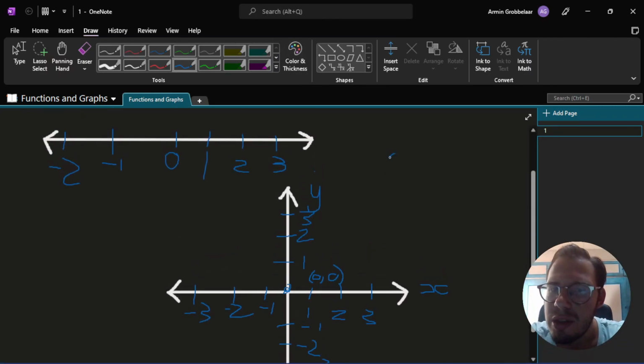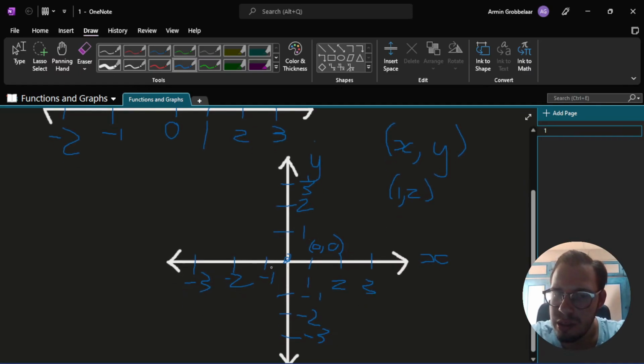So a point on the axes is always labeled x first and then y. So if we have maybe a point 1, 2, we go to the x-axis, to the positive side, we find 1, and we go up 2.